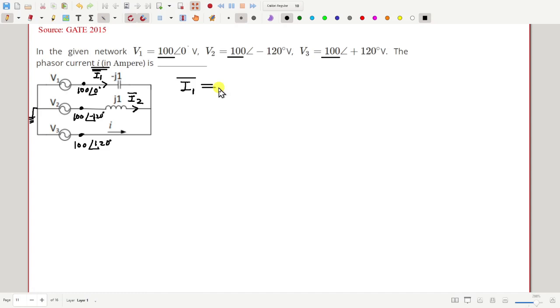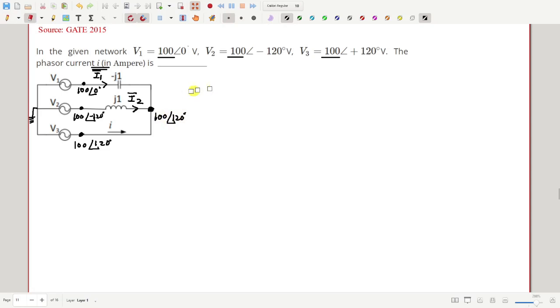V1 minus V3 by minus J. Absolutely right. This point is at V3, since this is short circuited, so this is also V3. So this is also 100 angle 120 degree.